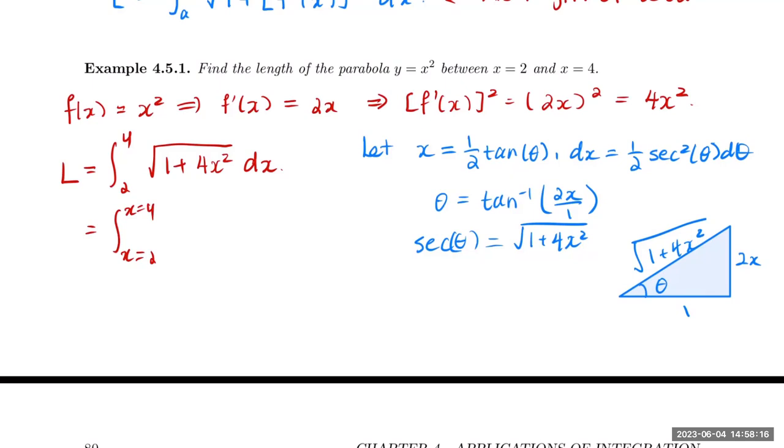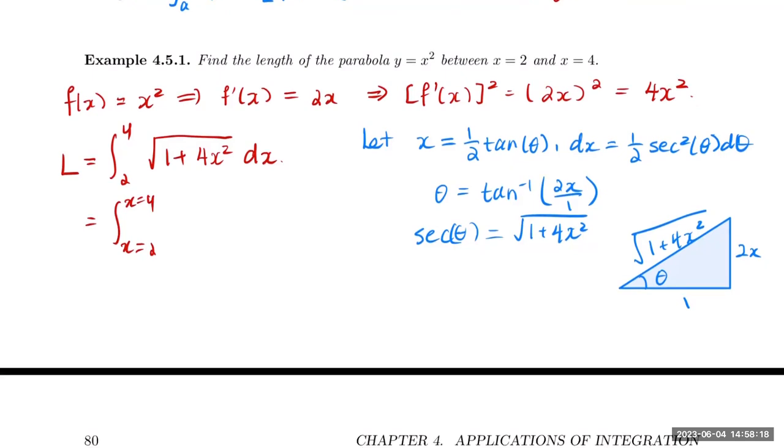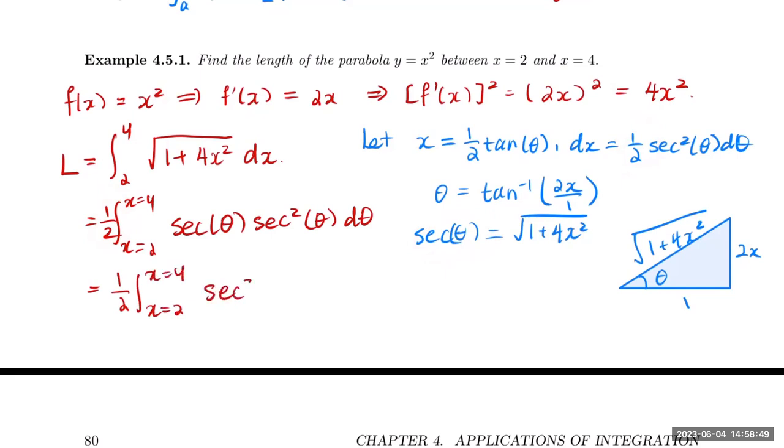So if that happens, we're going to have the secant theta and then the secant squared theta d theta. And we also have to multiply by a half because we have the half over here as well, which I'll put on the outside. And so that is just going to be equal to half of the integral from x equals 2 to x equals 4 of secant cubed theta d theta, which we have computed before.